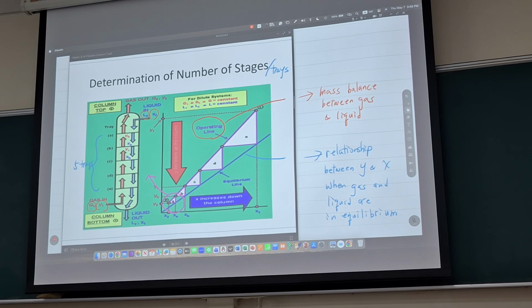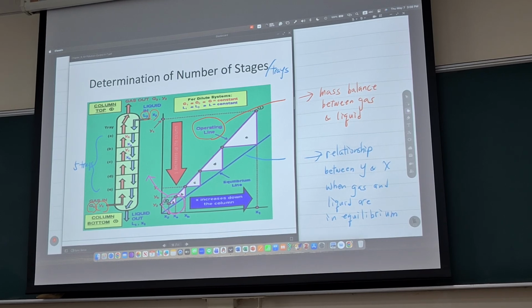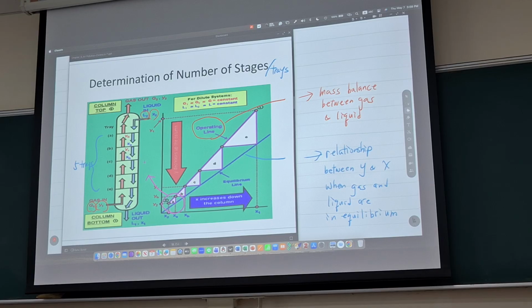One staircase means one ideal, theoretical tray.